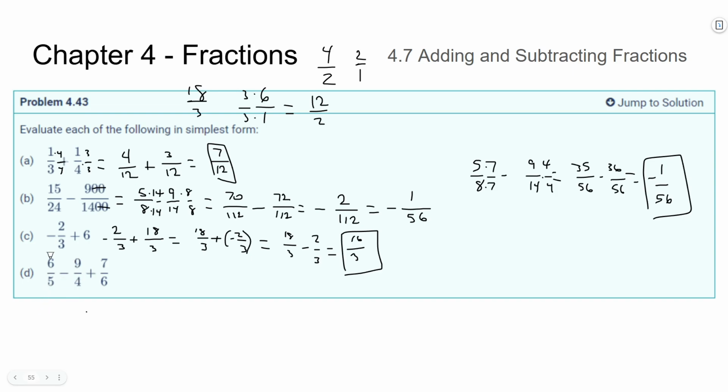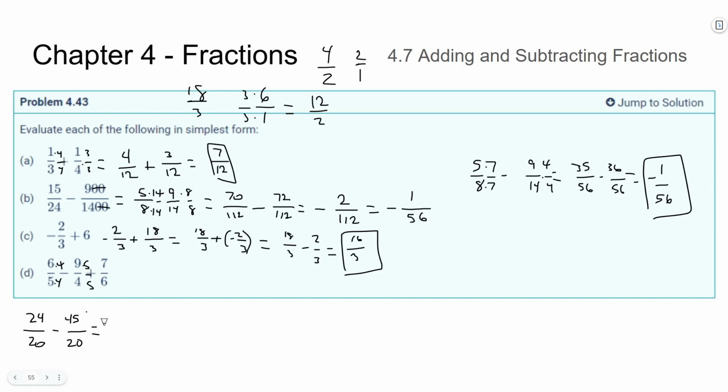So let's do 6. Let's multiply these both by 4 over 4, and this times 5 over 5. This will give us 24 over 20 minus 45 over 20.